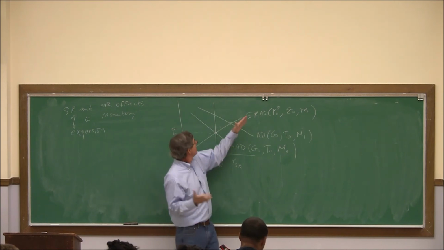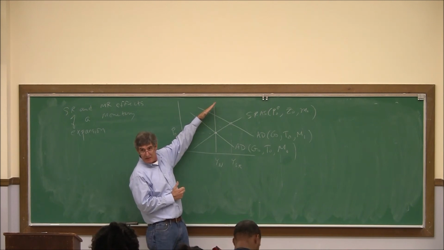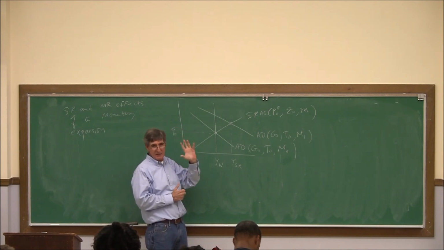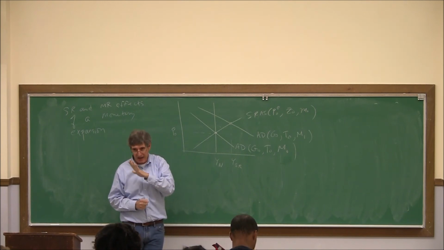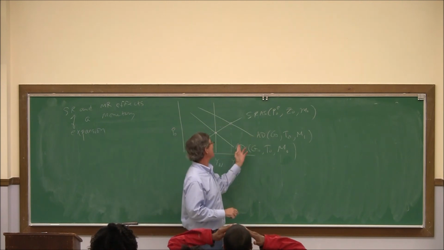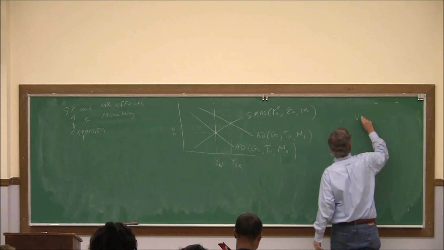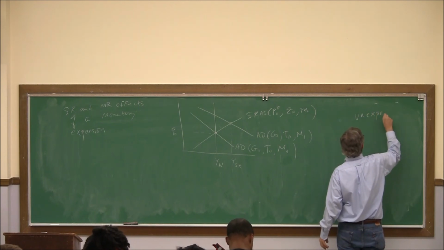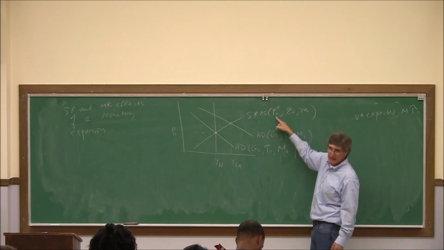And so they change their expectations immediately. But here we're holding price expectations fixed for the moment. That may not be the right thing to do, but for now we're doing it. So this is an unexpected increase in M. Because if it's expected, PE might change.